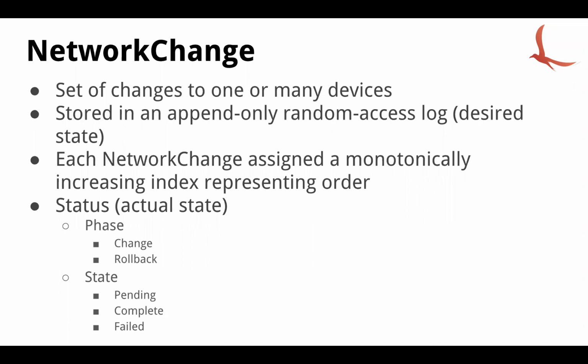The entire log represents the desired state of the system. Basically, the aggregate of all the changes in the log is the desired state of the system. When the change is appended to the log, it's assigned an index, which defines the order in which changes should be applied.